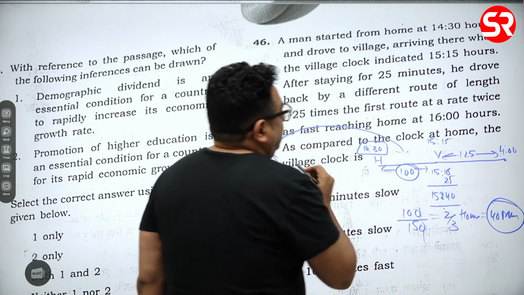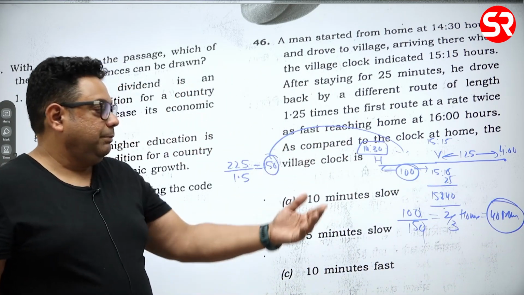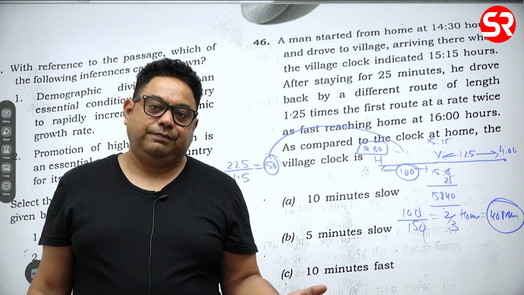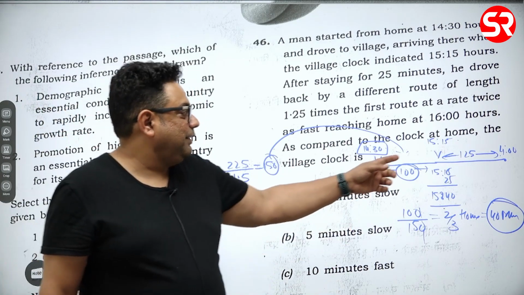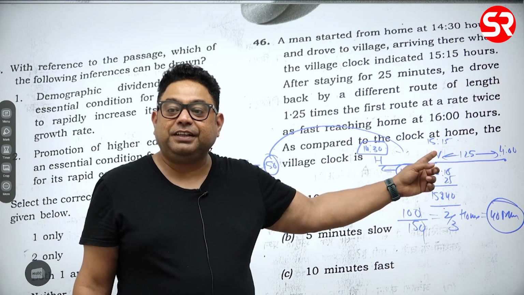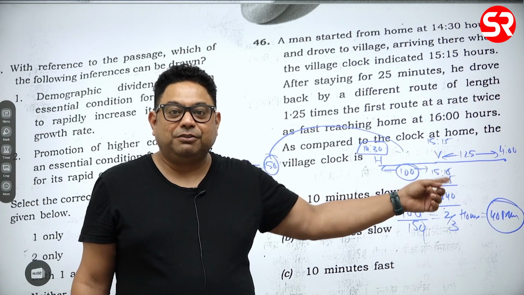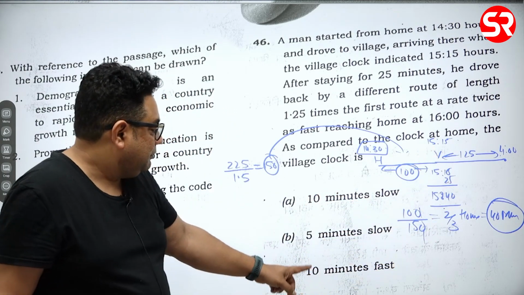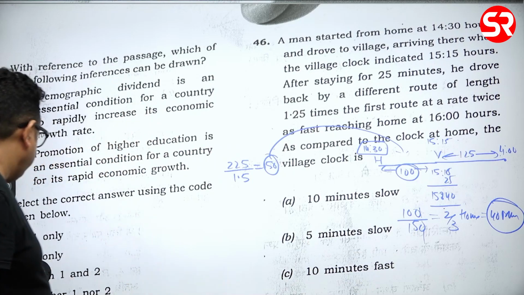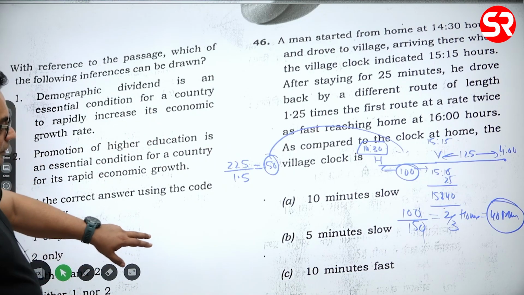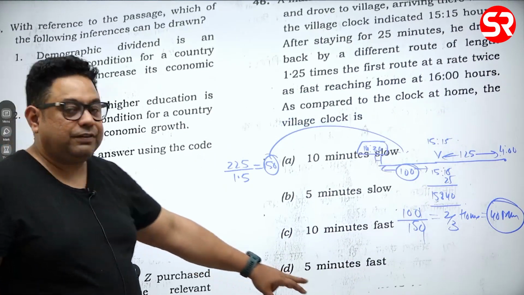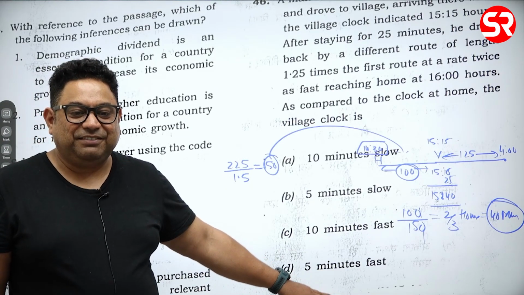So 14:30 plus 40 minutes would be 15:10. But the village clock is showing 15:15, which means the village clock was 5 minutes fast.